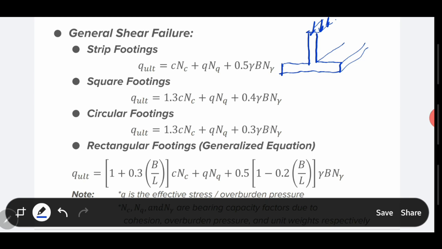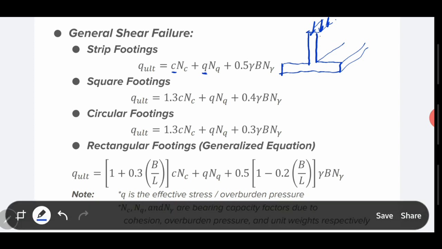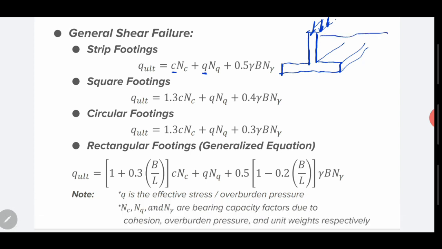These are all derived formulas, depending on the shape of the footing. So c is the cohesion, and q is the overburden pressure.